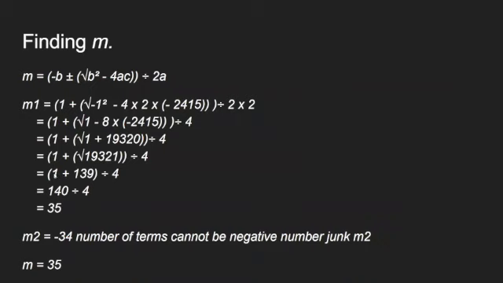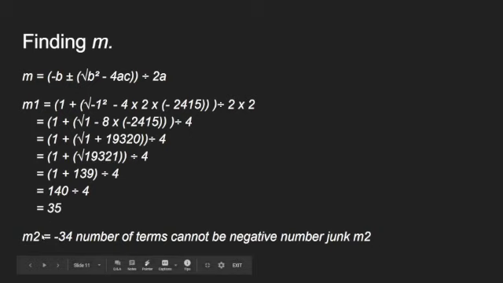This is 1 plus 139, which is 140. 140 divided by 4 is 35. For m2, you might notice that this is a plus or minus, so this can be plus and minus. So we did the plus for the logical choice of the positive answer. So m2 is negative 34.